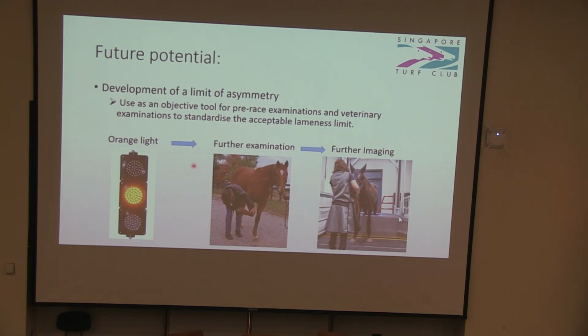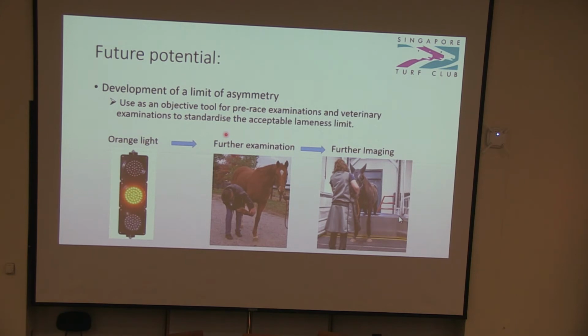Now, for me, I've discussed this with Dr. Keegan and a few others. I think we need to look more at the engineering industry as far as reducing breakdowns in horses. I think we need to look for red flags. I don't think there's a silver bullet. I don't think there's one machine that's going to tell us whether the horse is going to break down or not. I think we need to look at a bunch of red flags, and if we have too many red flags or a certain number of red flags, then that horse's risk of breaking down is too high and we don't race the horse.